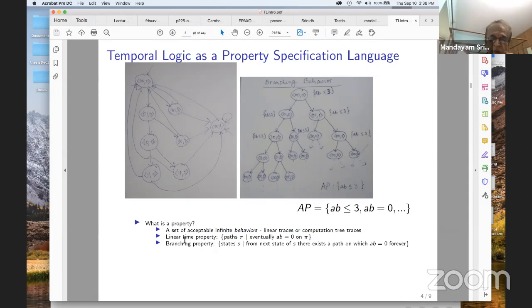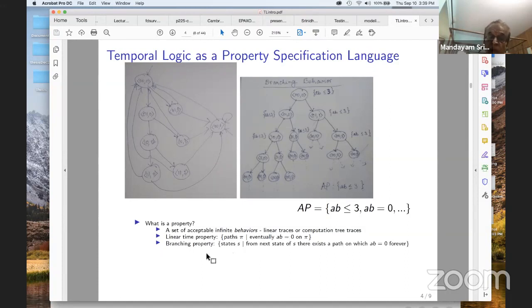paths, in which case it's called a linear time property. For example, you may want every path in your behavior to satisfy this particular property. So on every path, a b is equal to 0 should be true forever.